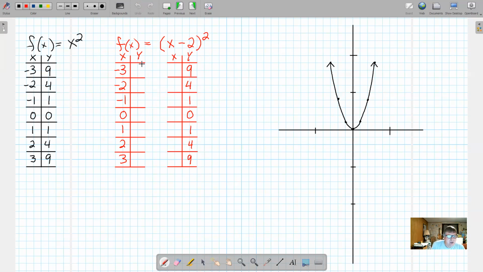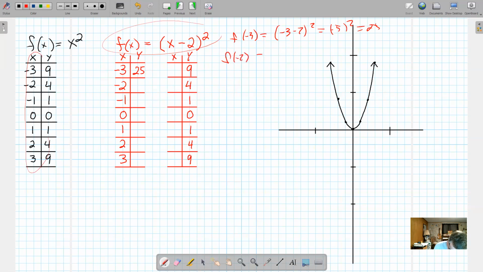If I just use the same x values as before, for this one, if x is -3, we'd get f of -3 equals -3 minus 2 squared, which is -5 squared, which is 25. Is that right? -3 minus 2 is -5, 25. Yeah, that's right.